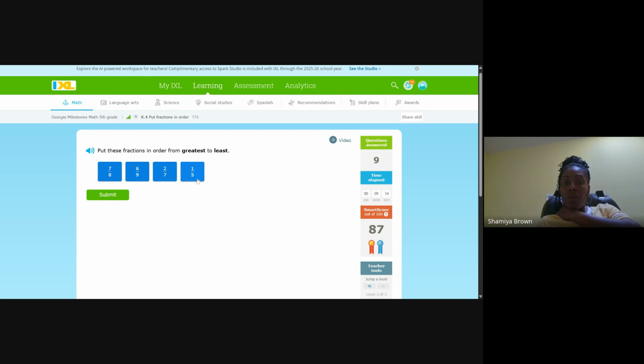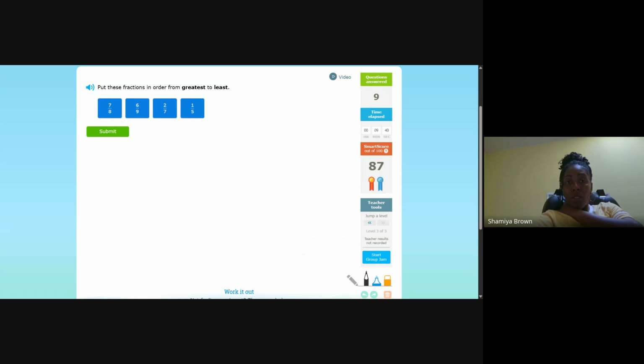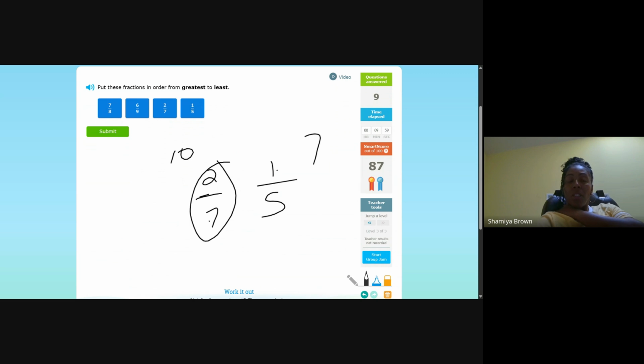So 2/7 and 1/5, I don't know for sure about those, so I'm going to cross multiply to check those two. If I cross multiply, 2 times 5 is 10. 7 times 1 is 7. So, yep, this one is bigger than this one. 2/7 is bigger. So that one would come first. So I had it right.